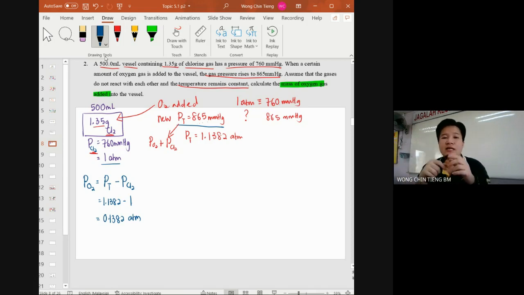Next, soalan nak mass. So saya dah ada partial pressure, nak kira mass macam mana? Unit formula lain? Natasha? Orang lain? Natasha kira macam mana? Saya dah ada partial pressure oxygen gas, soalan nak mass of oxygen gas.